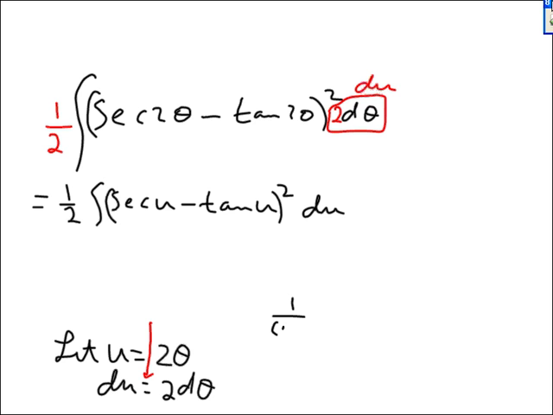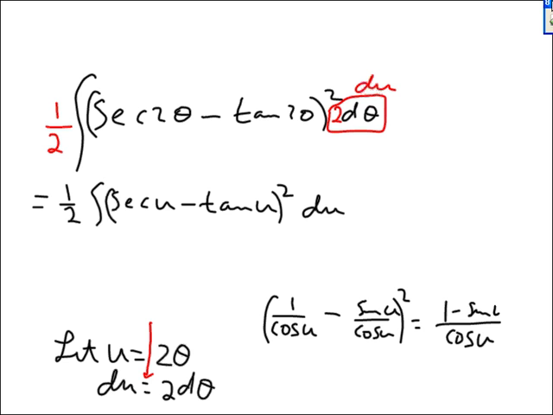Secant of u is 1 over cosine u minus the tangent of u is sine u over cosine u. We want to square that. But since the denominators are the same, let's combine them. You have cosine u on the bottom and 1 minus sine u on top.